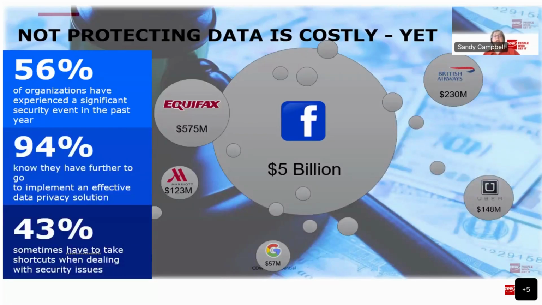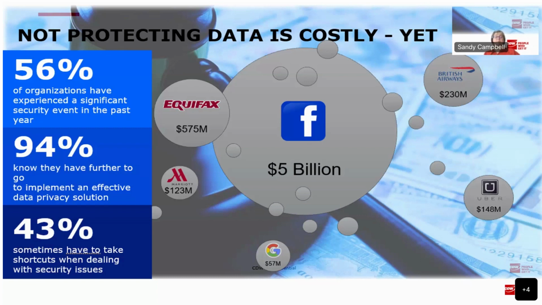So again, this is just another indication of how costly it is. There are some famous ones, like Facebook paid $5 billion, Equifax 575 million, et cetera. 56% of organizations have experienced a significant security event in the past year. 56%, and that's increasing year over year. 94% of organizations realize that they have more to do to shore up their environments and make them more secure and less vulnerable.